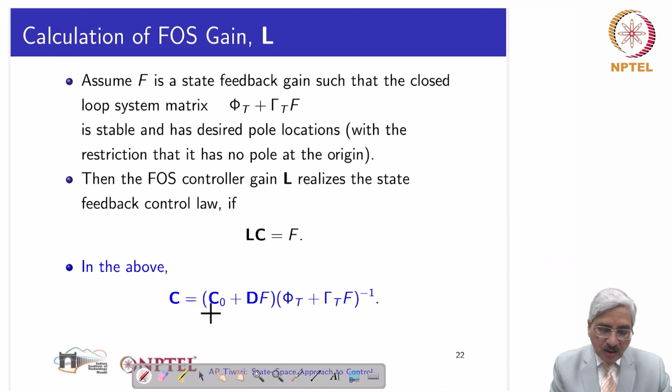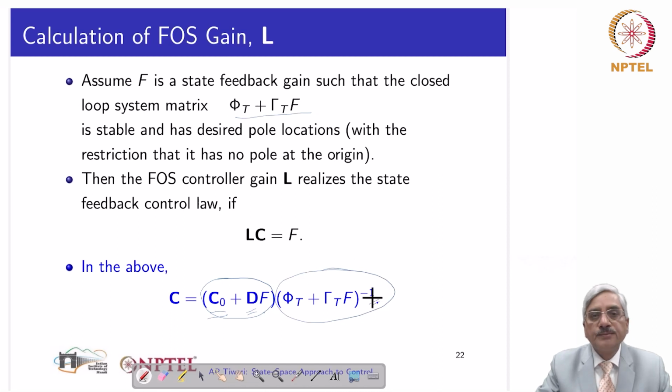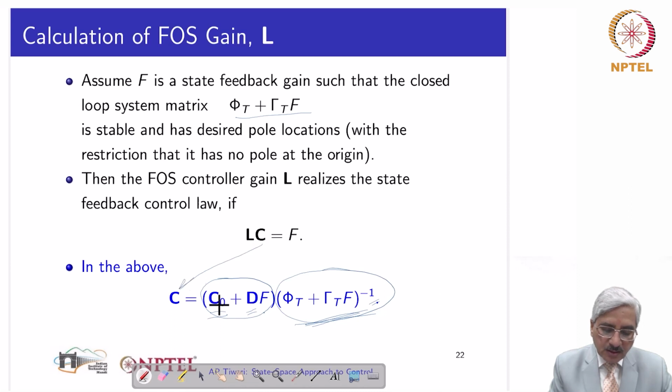C is boldface C0 plus boldface D into F, this whole matrix multiplying the closed loop system matrix inverse. So this is why the poles of the closed loop system are not permitted to be at the origin, because in that case we will not be able to generate this inverse. So this boldface C matrix is defined by this relation. This is the product of two matrices, and of course C0 and D are also known.